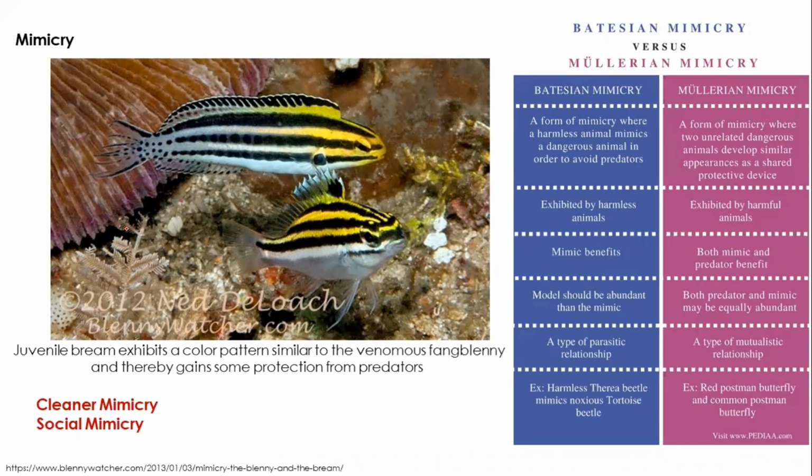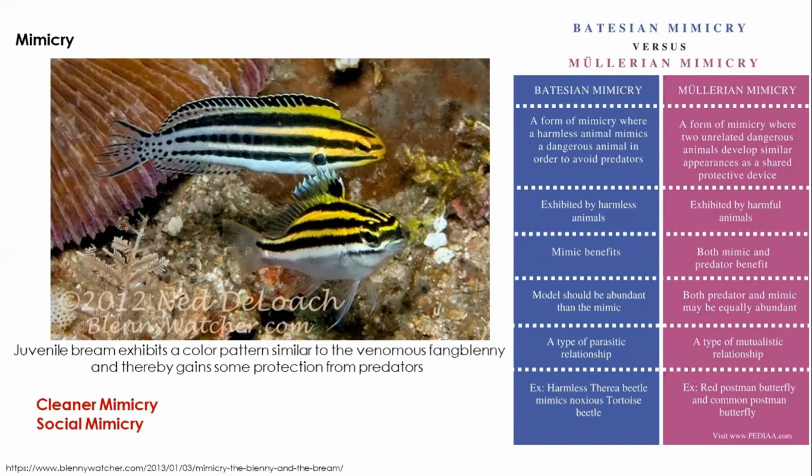Whereas Mullerian mimicry is a form of mimicry where two unrelated dangerous animals develop similar appearances as a shared protective device, right? Now understand it in this way: you have a dog and you have a cat, and both are dangerous. The dog also attacks or has venom, you can just understand it as a dangerous animal. And the cat is also a dangerous animal, right?